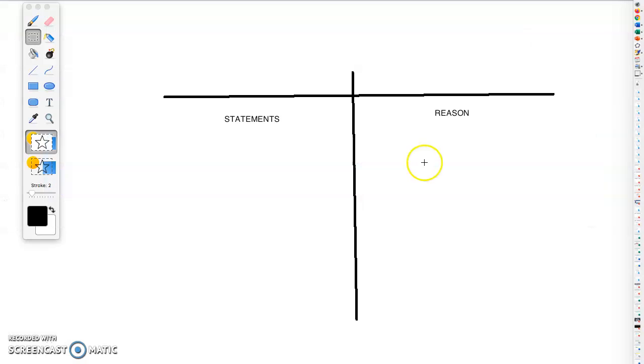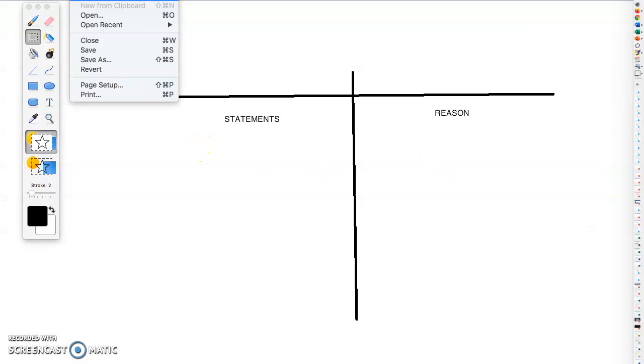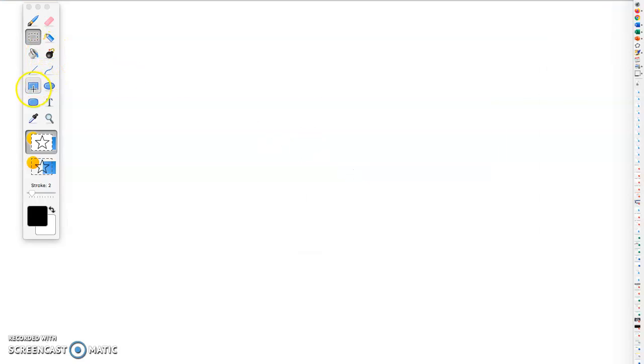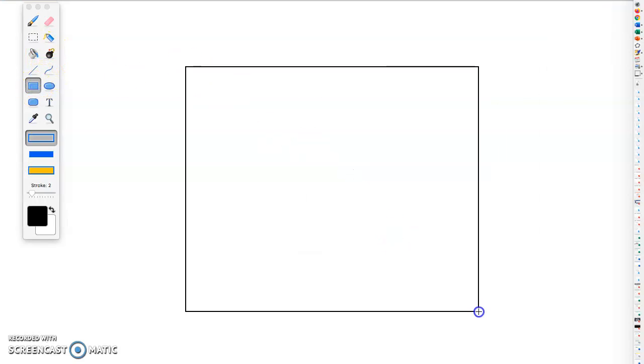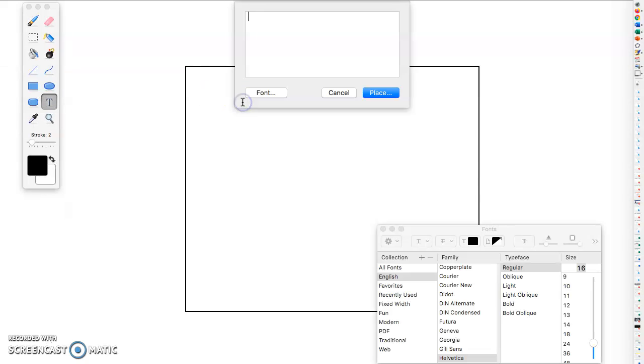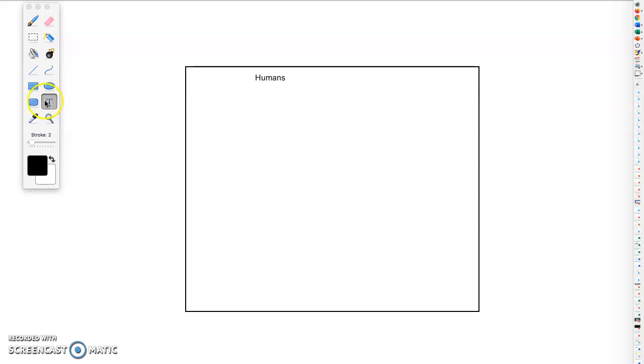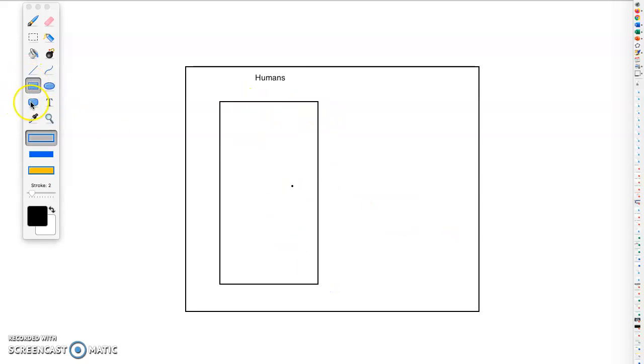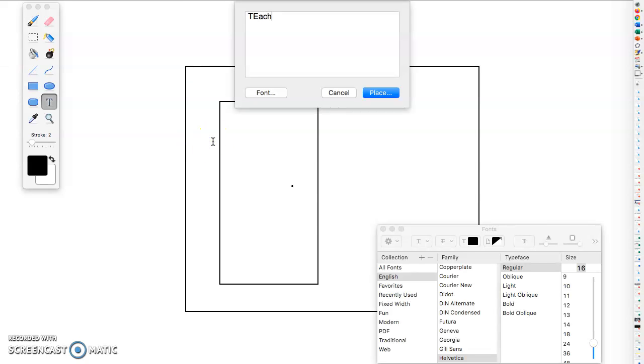So if we were going to draw this in a sort of Venn diagram type thing, this right here would be your humans, and inside this big category is teachers.